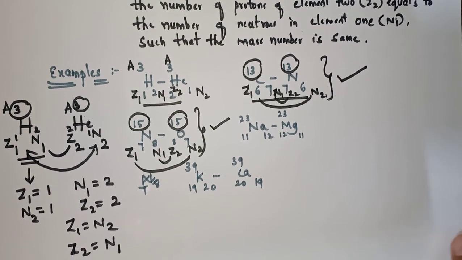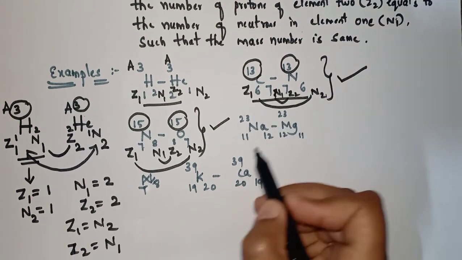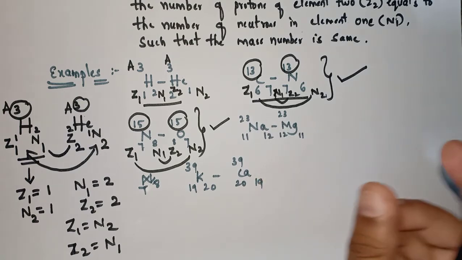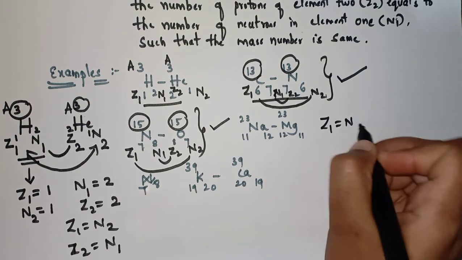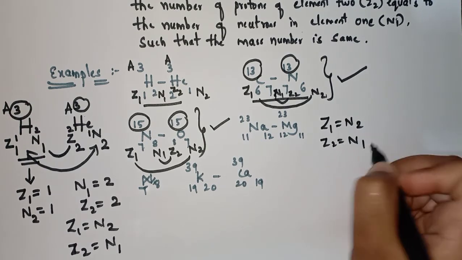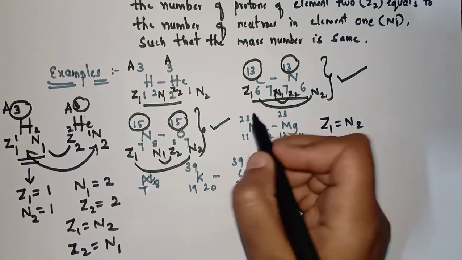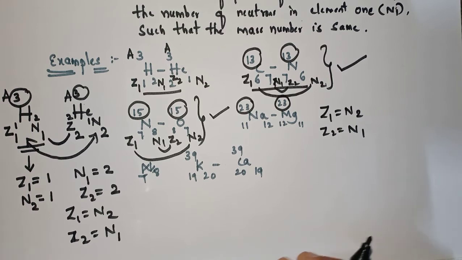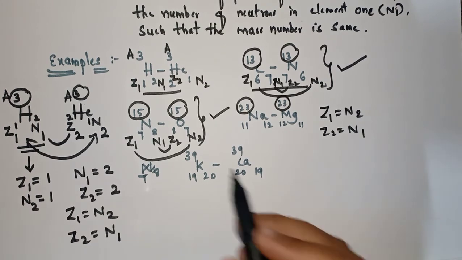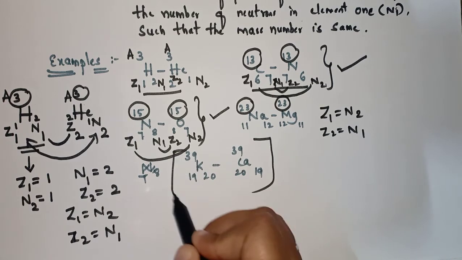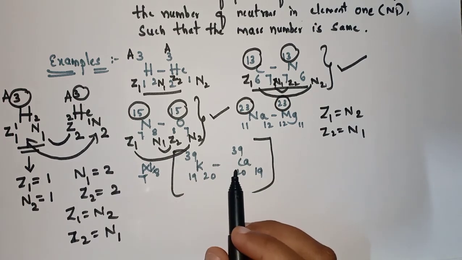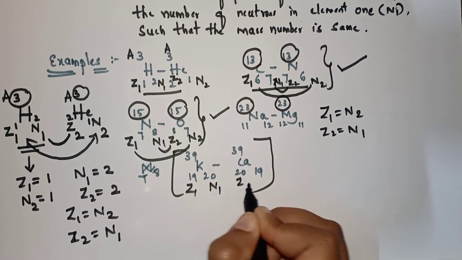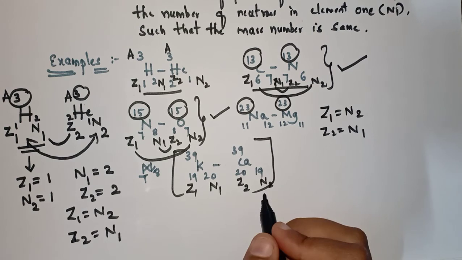Now coming to sodium and magnesium, these are neighboring chemical elements. Here also you can observe that they obey the mirror nuclei condition, that is Z1 equals N2 and Z2 equals N1, and they have the same mass number. Now coming to potassium and calcium, this is also a mirror nuclei. Here it is Z1, N1, Z2, N2.